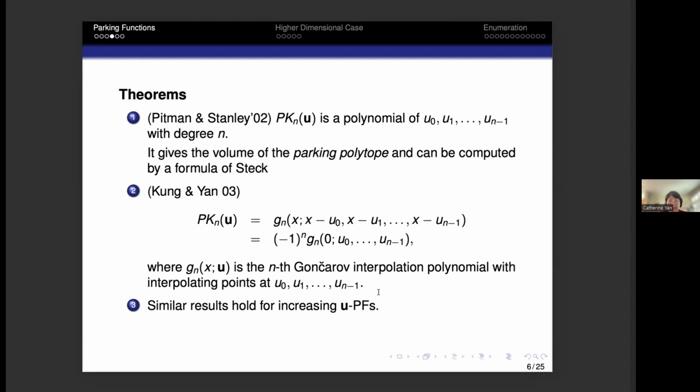Secondly, you can have another notion of Goncharov polynomial, which gives you the formula for the increasing one. The difference is that in the usual interpolation problem, we use the derivative, and in the increasing U parking function, we want to use the backward difference operator to do the interpolation.